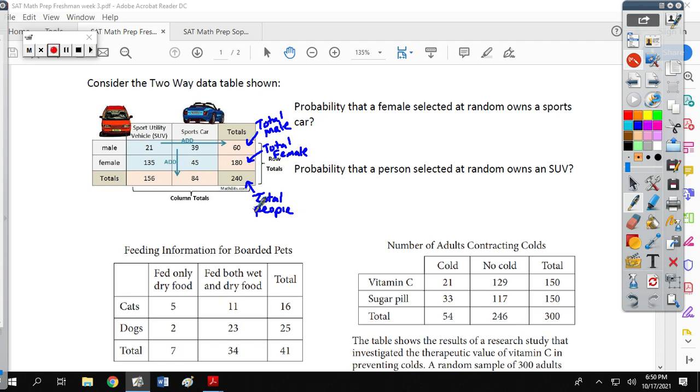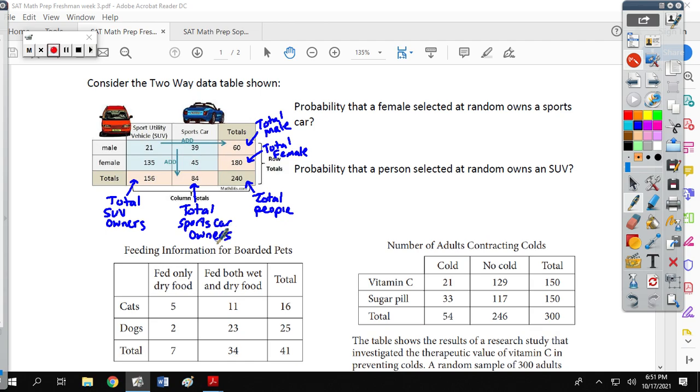Now, in addition, we have 156 total that own an SUV and 84 total that own a sports car. Okay, so that's what these numbers represent.